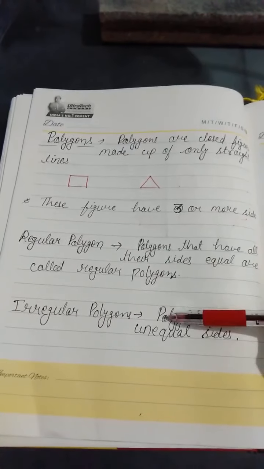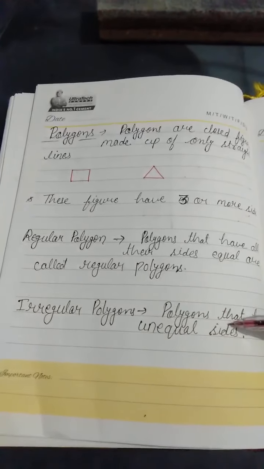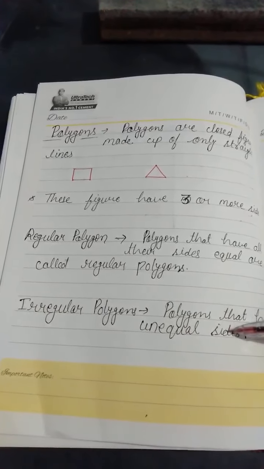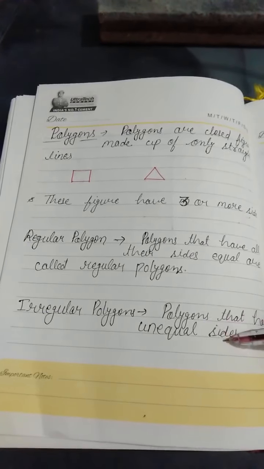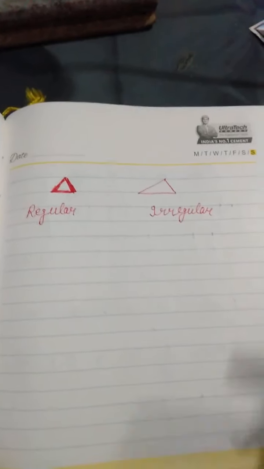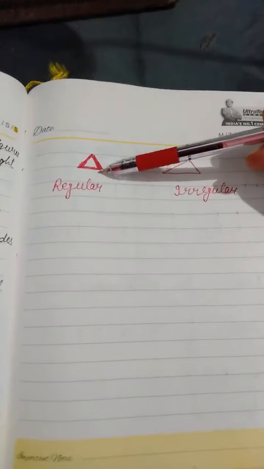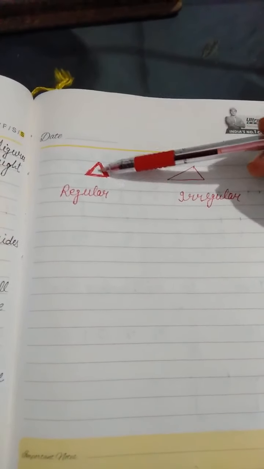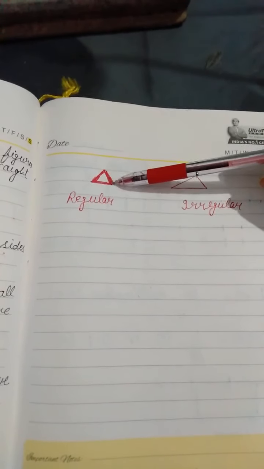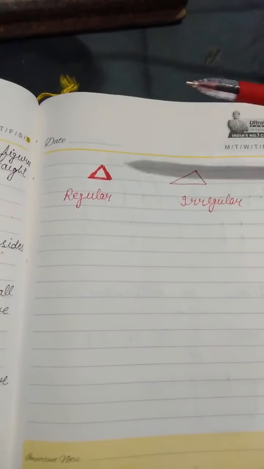And now what is an irregular polygon? Polygons that have unequal sides. If there are 3 sides or 4 sides and those are not the same, that is called an irregular polygon. Like here, this is a regular polygon because all 3 sides are equal, 1 2 3, so this is a regular polygon.